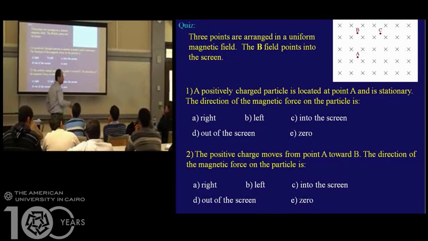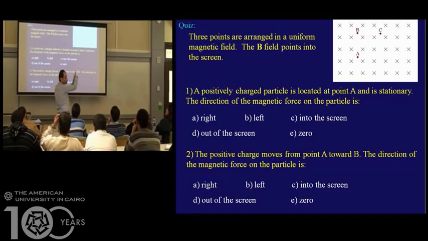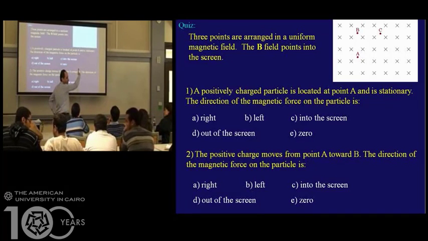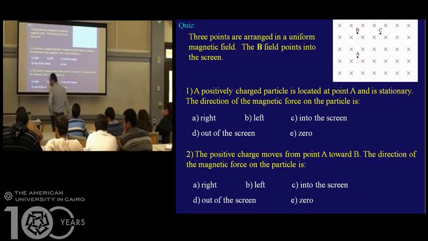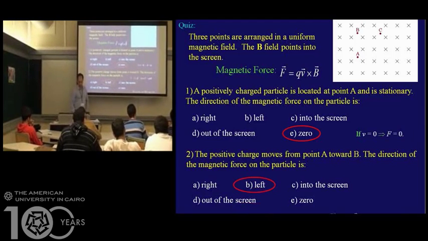This is the direction of the magnetic field. It's into the screen. This is the direction of the motion. This will be the direction of the force. This will be to the left. So let's look at the solution. I almost said 0. There's no direction. Right? And it's correct.